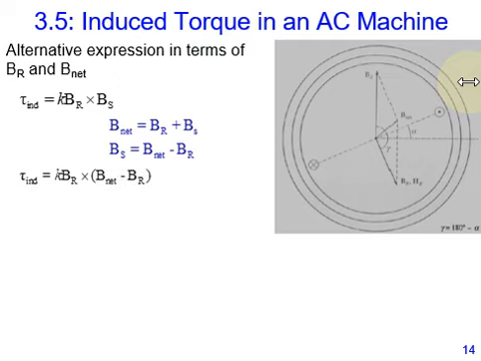But there is also another way to write this induced torque equation. If we need to write the equation in terms of Br and B net, then we find the value of Bs from B net and Br, as shown in the blue color.